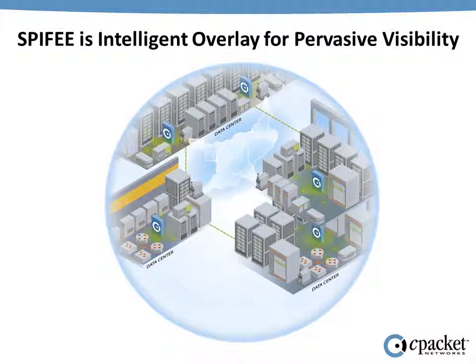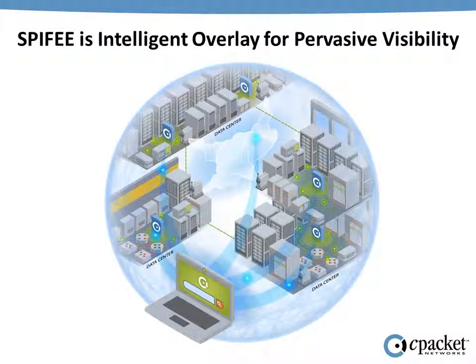The smart ports and unique features of each CView provide a nice sphere of visibility around each of the devices. SPIFEE adds unified, simplified, centralized access to information from all those distributed CView devices.